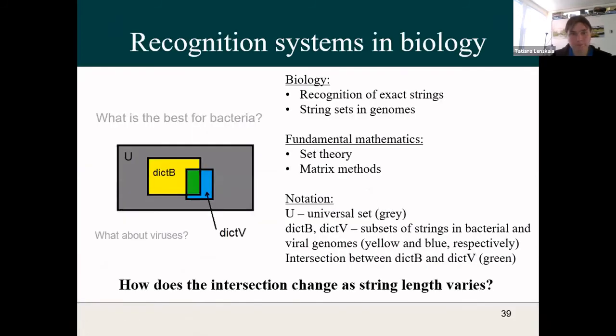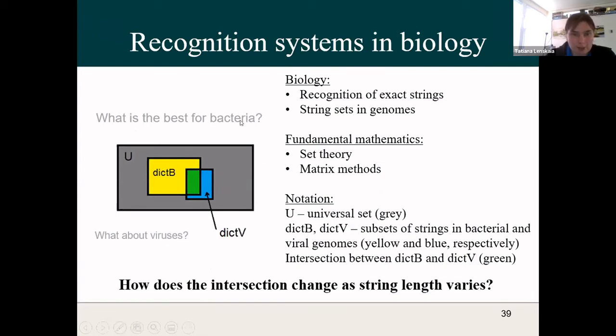So my research is focused on recognition systems in biology. And these systems, like the CRISPR-Cas system, work based on string recognition. They recognize an exact string in a genome. On the left, you see in gray the space of all possible strings that exist.